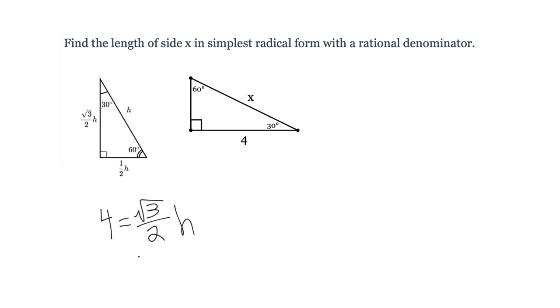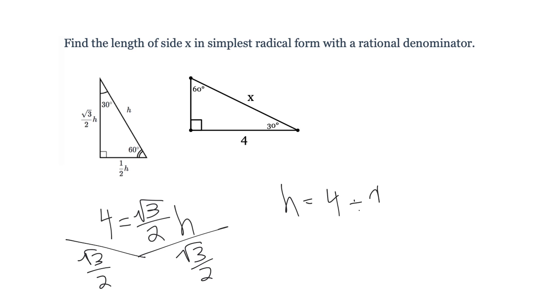So h is going to equal, or x is going to equal, 4 divided by the square root of 3 over 2. Now we have to figure out how to do the division.